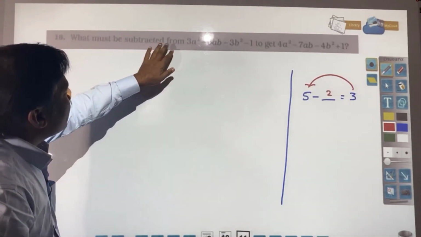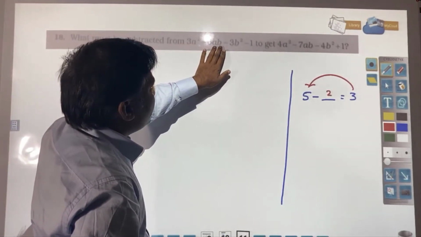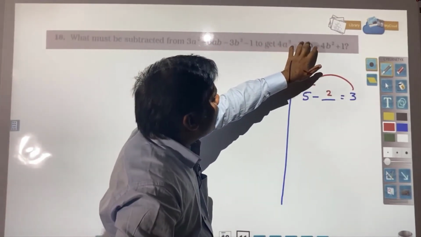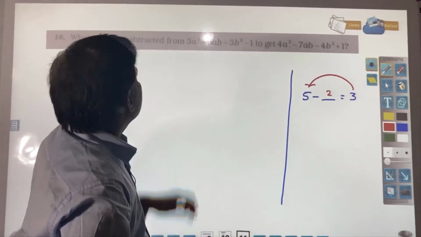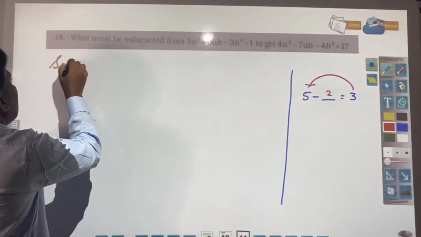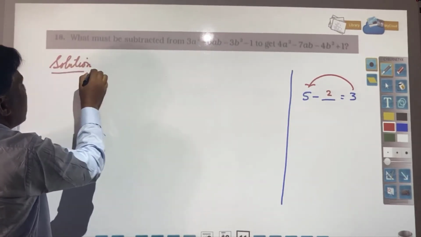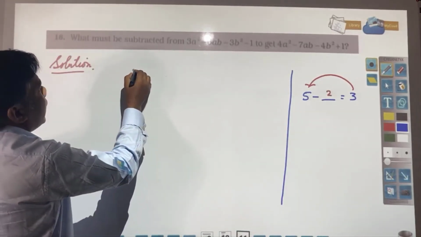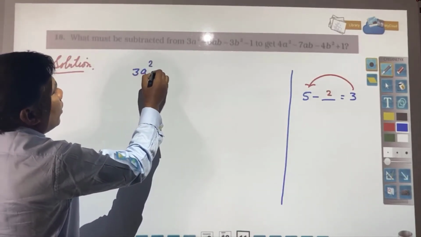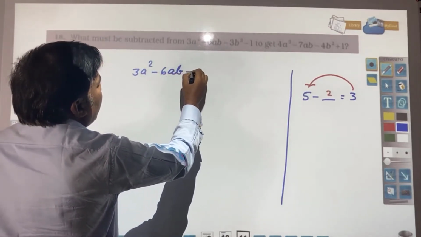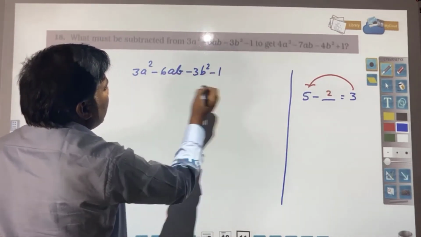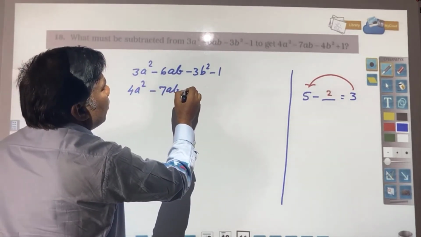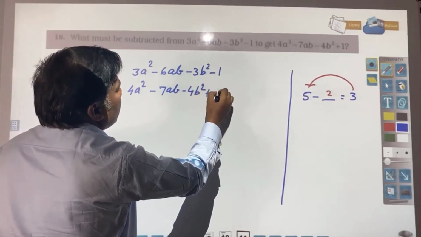What must be subtracted from 3a square minus 6ab minus 3b square minus 1 to get this? It means this number is required to be subtracted from this. A square minus 6ab minus 3b square minus 1. Here you have 4a square minus 7ab minus 4b square plus 1.